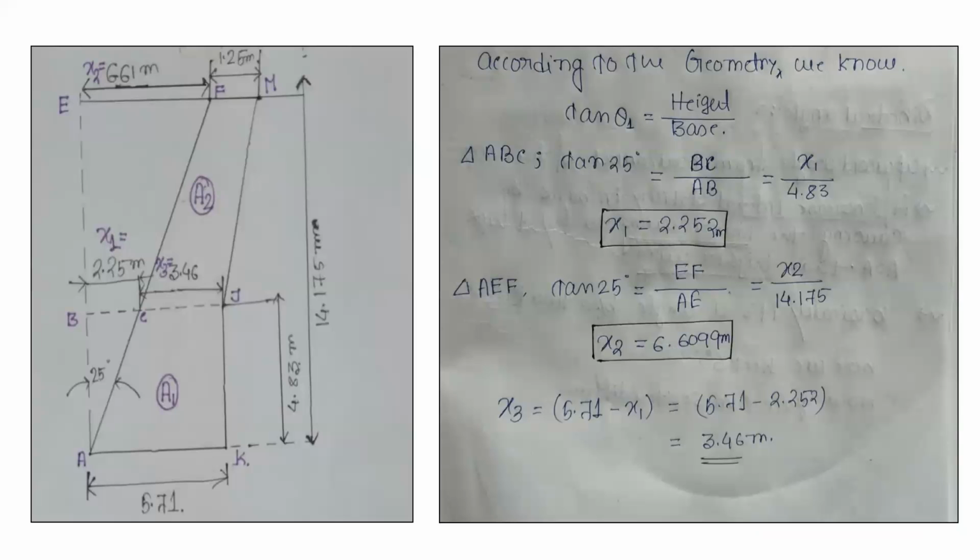X3 is CJ. So BJ, the total length, minus BC gives us CJ. BJ is 5.73, both being parallel to each other and perpendicular to JK, and BC is 2.25. Then we get the value of x3, that is CJ, as 3.46 meters.